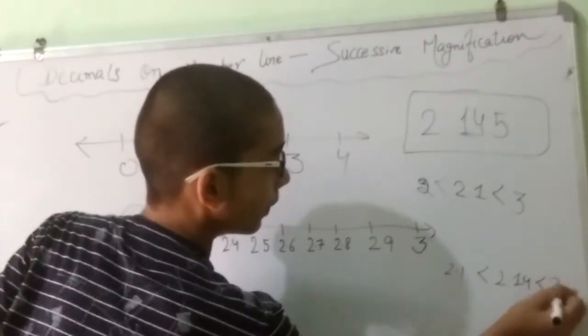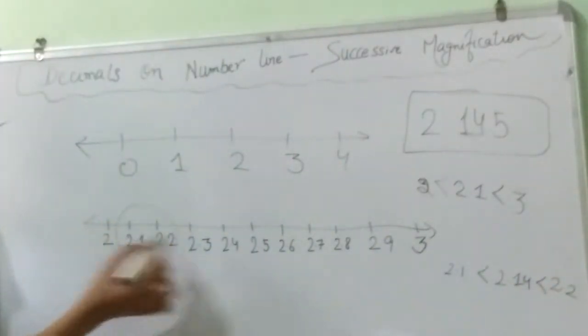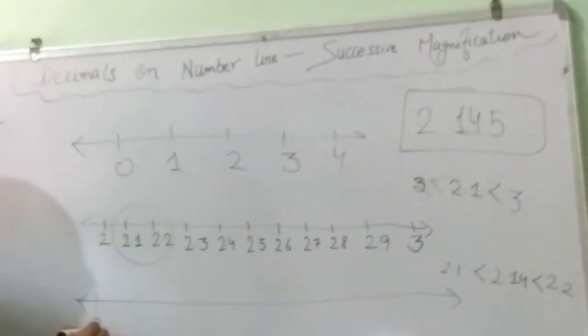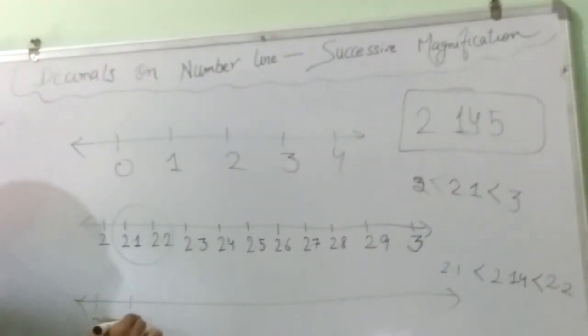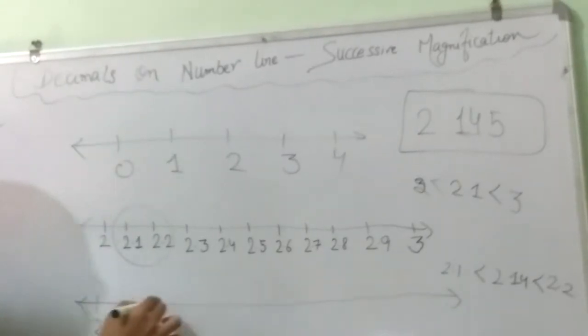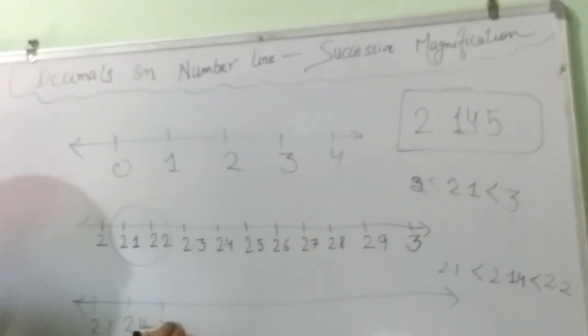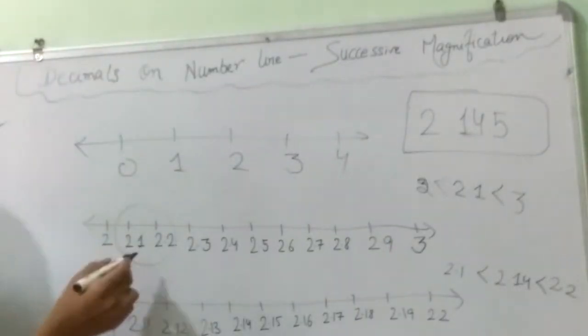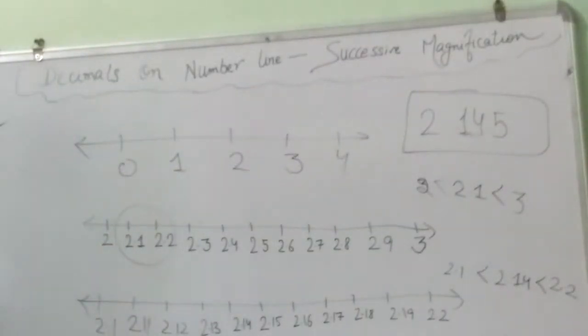So let's make a number line having these two ends. Okay, 2.1, 2.11, okay, 2.12. Now see, we have drawn 2.11, 2.12, 2.13, 2.14 and so on.